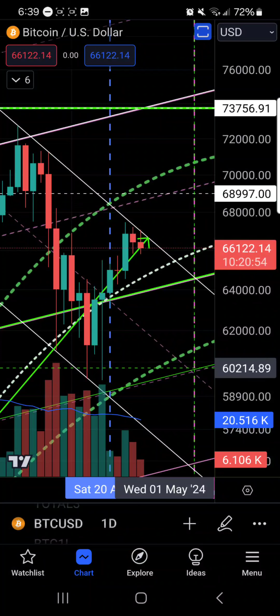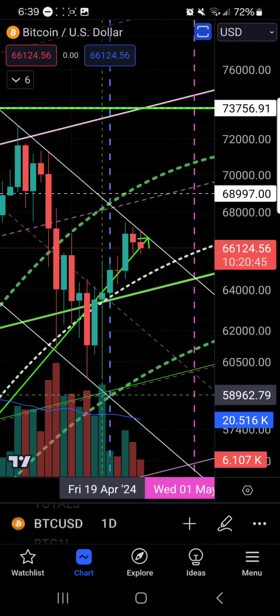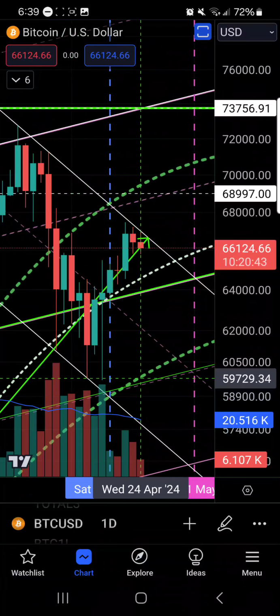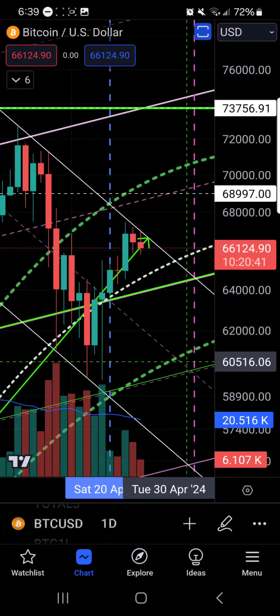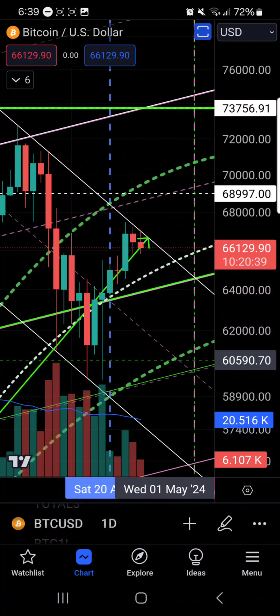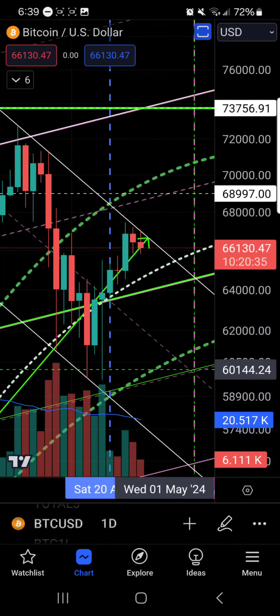Just right here at the FOMC meeting at $60,100. It's right here at the bottom of this channel. See all these lines intersecting right there? I think on Wednesday we'll be at $60,100.